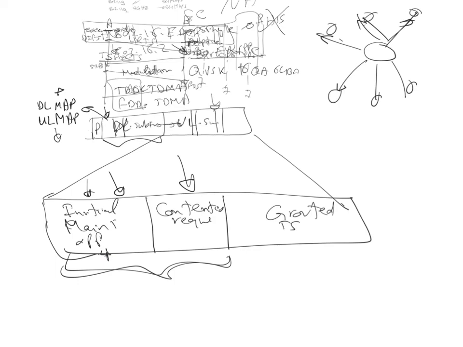So in addition to this, we have defined the different classes of service. For the case of Metropolitan, we have defined four different classes. We define UGS, or unsolicited grant service, and we have defined the real-time polling service, non-real-time polling service, and then best effort.